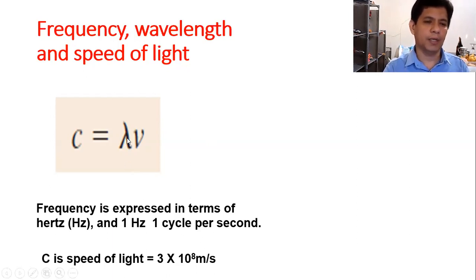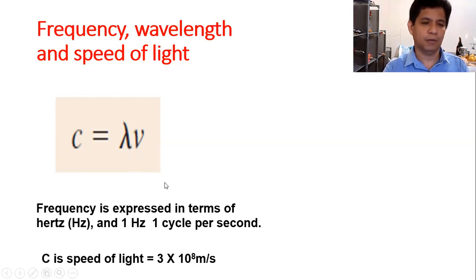So, as you can see, pag halimbawa ang wavelength is in terms of nanometer, dapat yung nano gagawin mong 10 to the negative 9, no? Para maging compatible siya dito sa meter per second na speed na 3 times 10 to the 8. So, pag meter ang wavelength, tapos per second ito, compatible na.